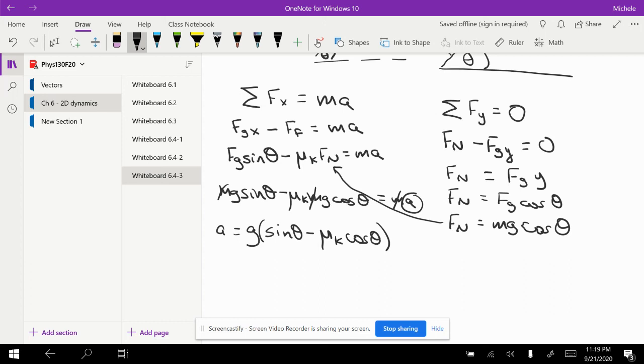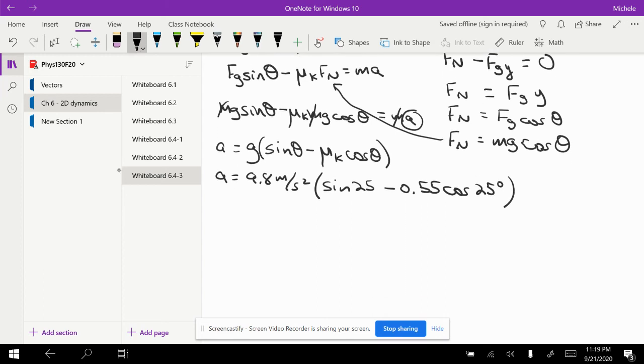Now when I plug in, I get a is equal to 9.8 meters per second squared times sine of 25 degrees minus mu k, which is 0.55, times cosine of 25 degrees. And when I plug that all in, I get a is equal to negative 0.74 meters per second squared.